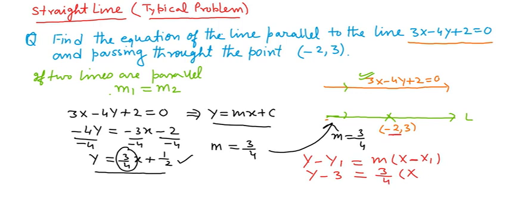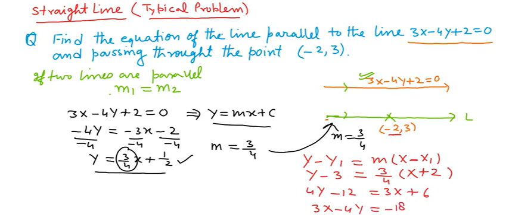Due to this minus sign, it will become x plus 2. When we will solve, then we will have 4y minus 12 is equal to 3x plus 6. After solving, you will have 3x minus 4y is equal to minus 18.